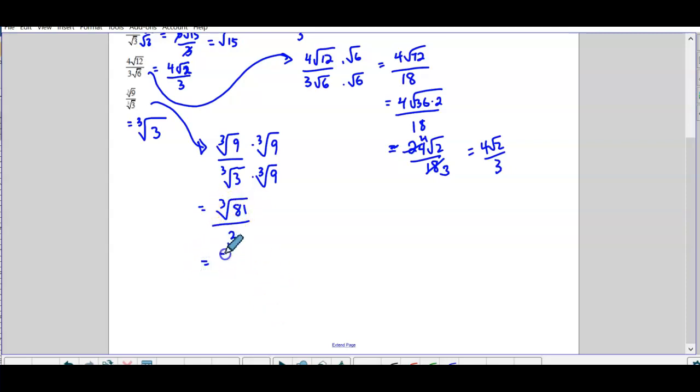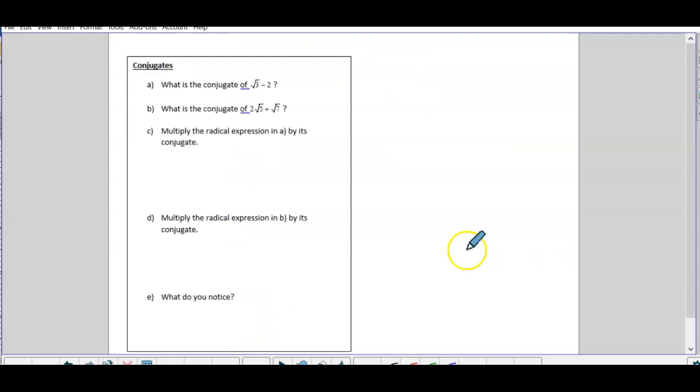Then we simplify the numerator. Cube root of 81 is 27 times 3, so that's 3 cube root 3 over 3. Those divide out and we get cube root of 3. So you can see how much nicer it was to notice that we could have simplified that to start with. Okay, so that's rationalizing the denominator when it's just one term with a radical in the denominator.